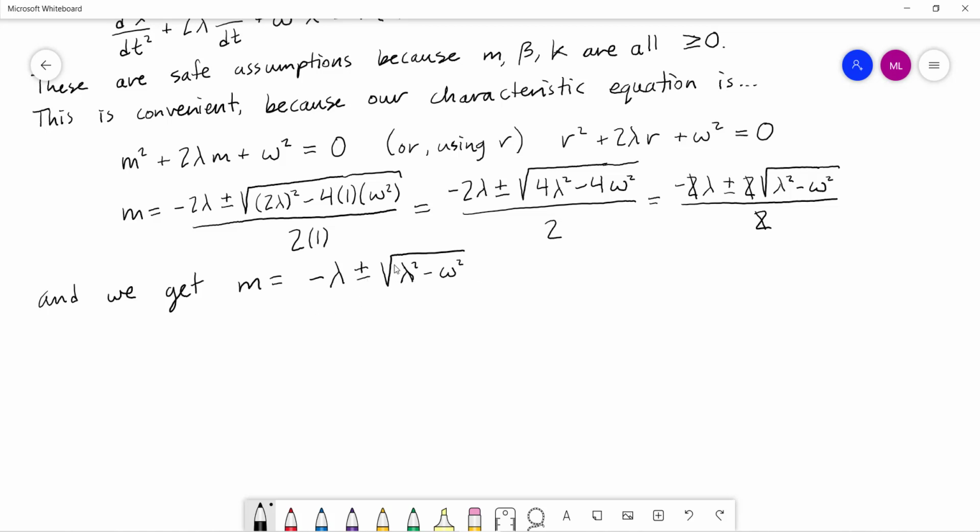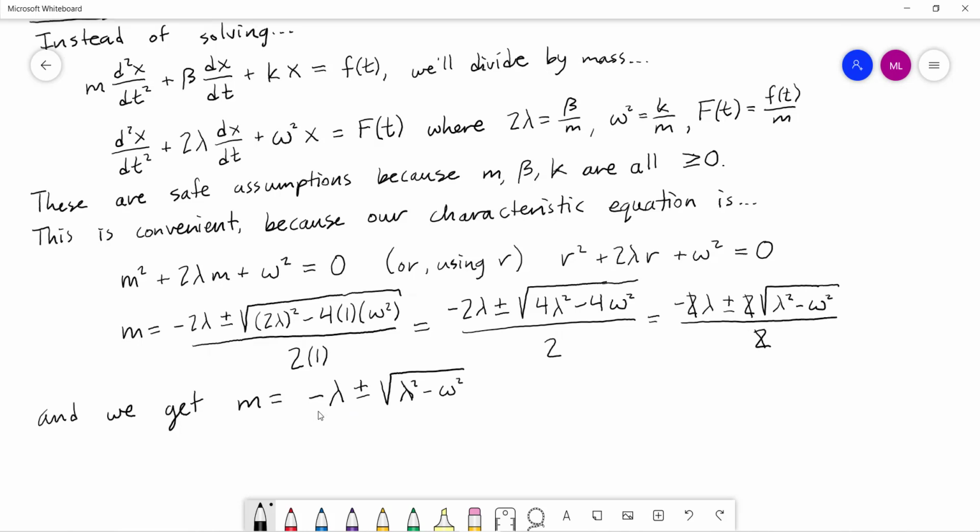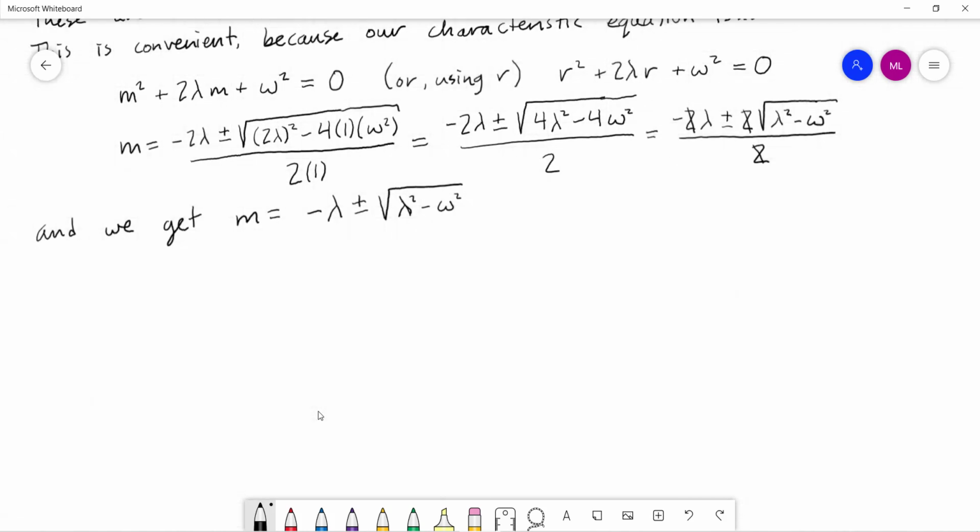Notice again that because we knew that this coefficient beta was positive and the mass was positive, those were all assumptions we made, that means lambda itself also has to be positive. And that means that this term sitting right here is always going to be a negative term due to the minus sign sitting in front of it. That will be something that will be helpful to keep in mind going forward.